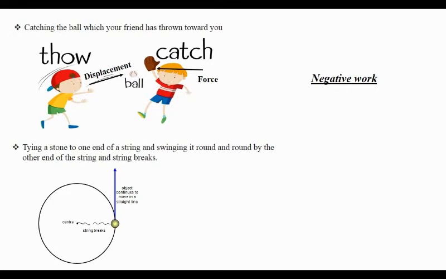It is perpendicular to the radius. In that case, the force is applied toward the center and the displacement is tangent to the circle, which means the force and displacement are perpendicular to each other, the angle between them is 90 degrees, and the work done in that case is 0.